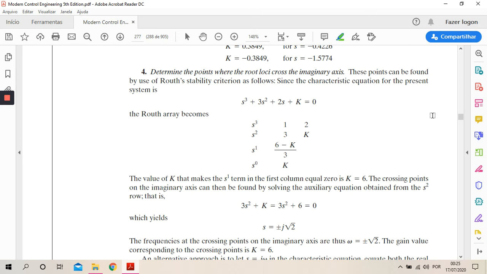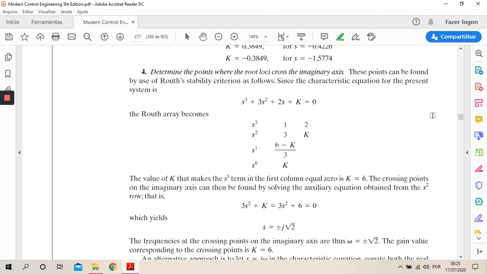They are going to cross the imaginary axis at points where the value in the real axis is zero.